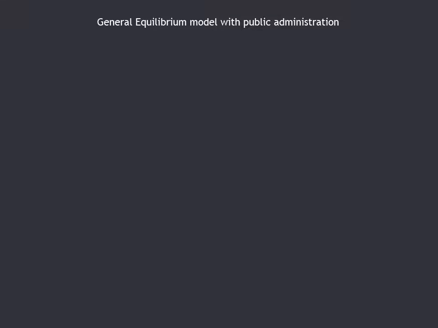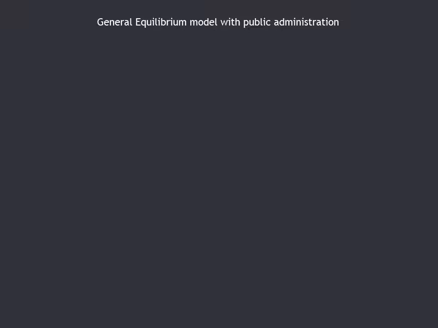So we already mentioned the sources of revenues for the government. It is direct taxation and indirect taxation. We've already defined the public expense by sector. It is a demand of goods and services, and it is in value a constant share of total public expense.